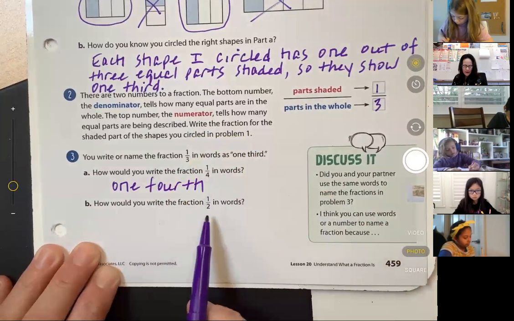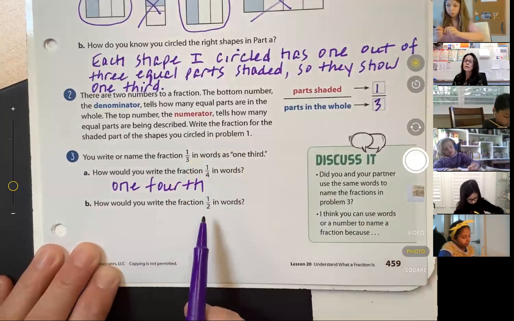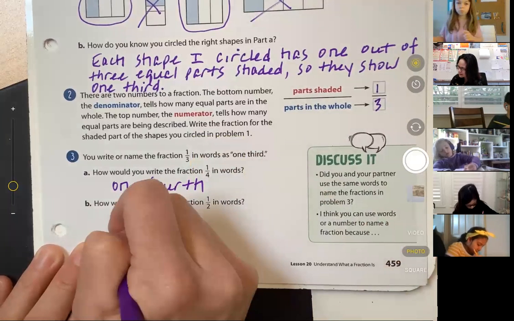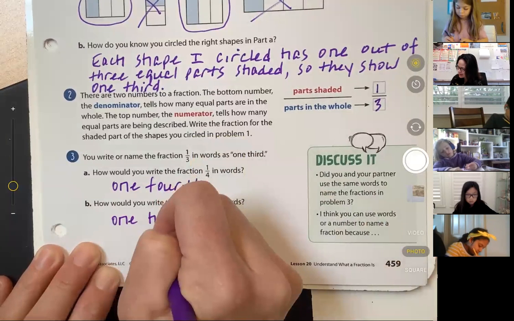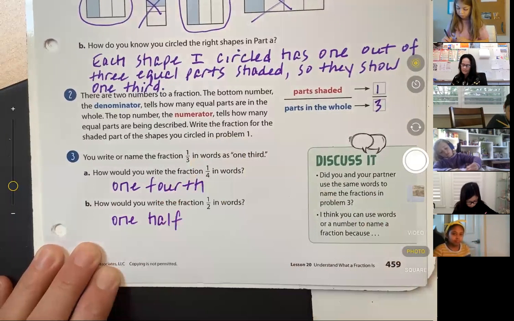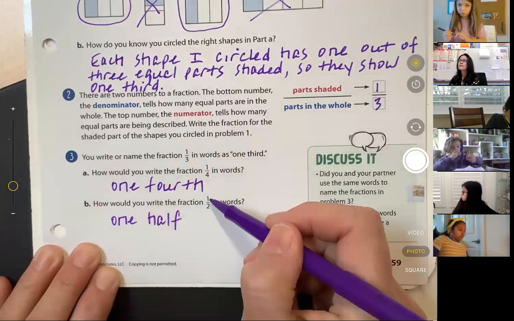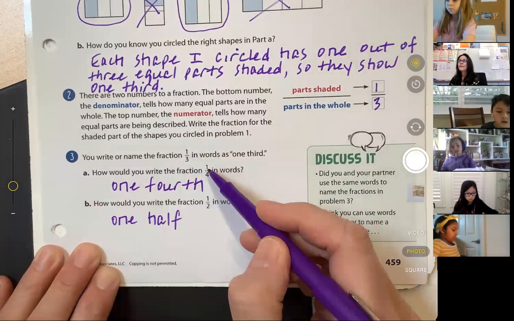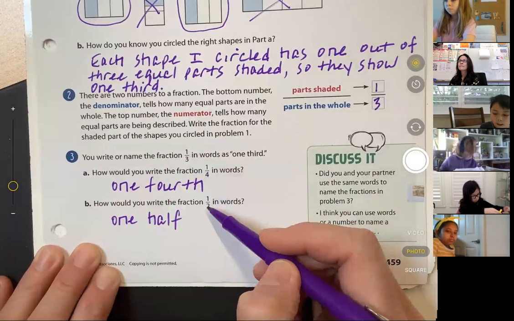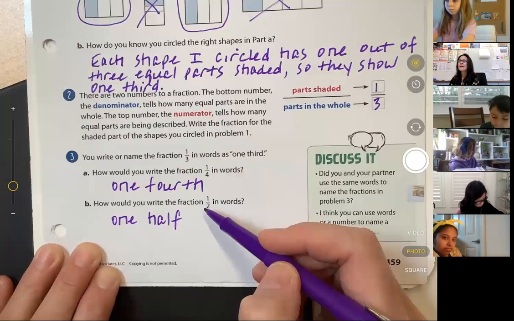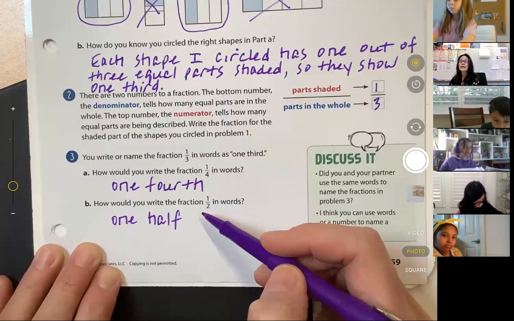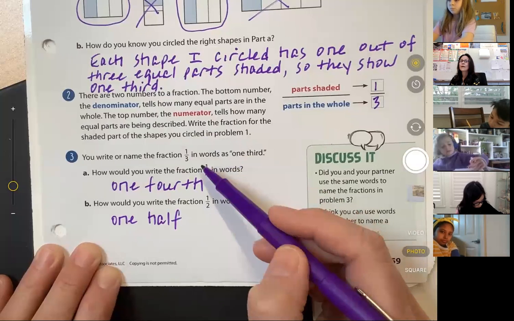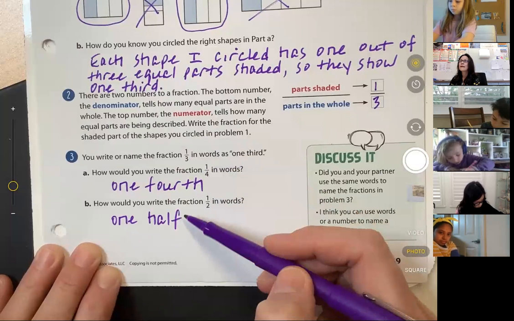How would you write the fraction 1/2 in words? One-half. So again, one-third, one-fourth, one-half. If I were to ever ask you on a quiz to write a fraction in words, this would be what I would be looking for, friends, right here.